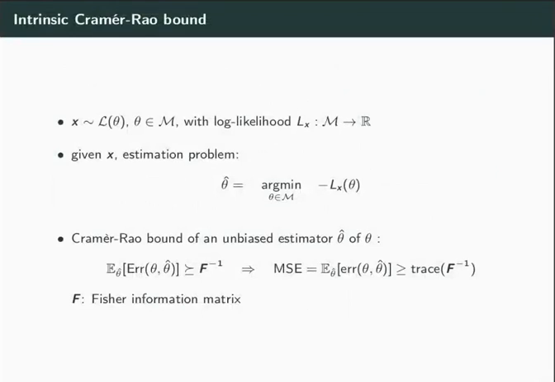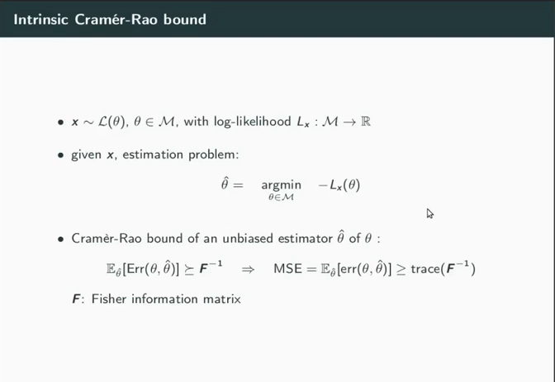So first, in this context, we again have some data that follow some law parameterized by theta, which belongs to a manifold, and we have the log likelihood Lx for this law. And again, given the data, the estimation problem is to find theta hat, which is the minimizer of the negative of the log likelihood.